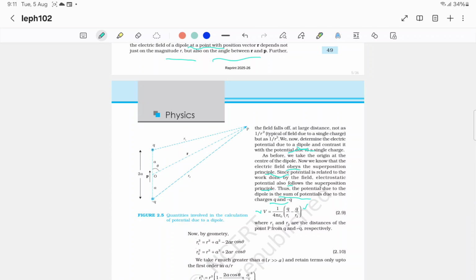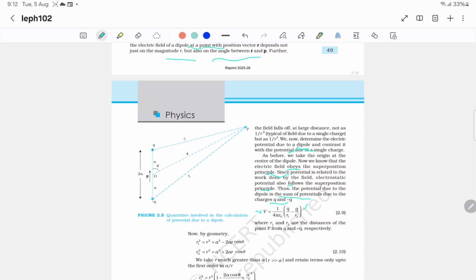Now, our geometry gives r1 square is equal to r square plus a square minus 2a r cos theta. r2 square is equal to r square plus a square plus twice a r cos theta.